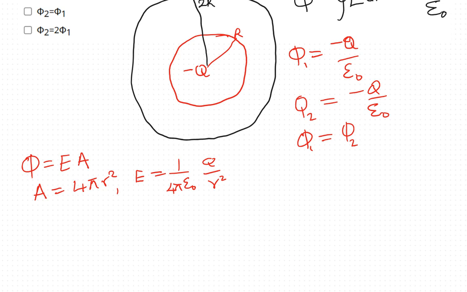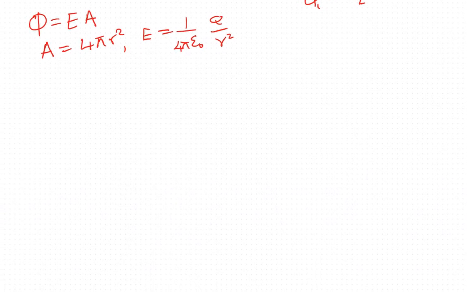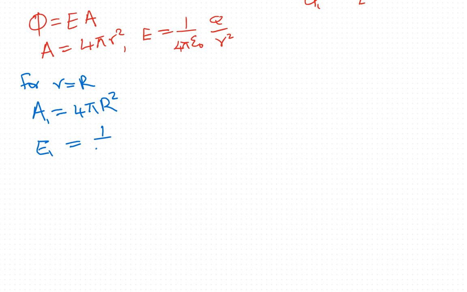Let's consider the case of the first sphere, with radius R. Here, the area A is equal to 4 pi R squared, and the electric field E1 is equal to 1 over 4 pi epsilon naught times minus Q over R squared.